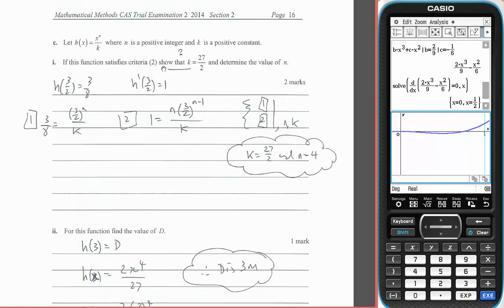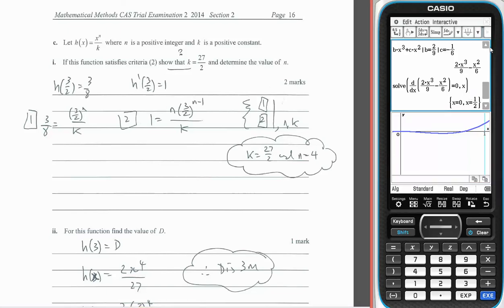Part C, again, I've got h of x equals x to the n over k. Show that k equals 27 on 2 and find the value of n. I'm going to do a similar thing, but this time I'm going to use simultaneous equations. So I know that h of 3 on 2 equals 3/8.